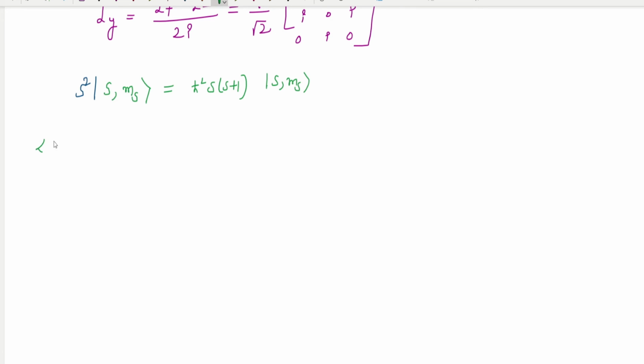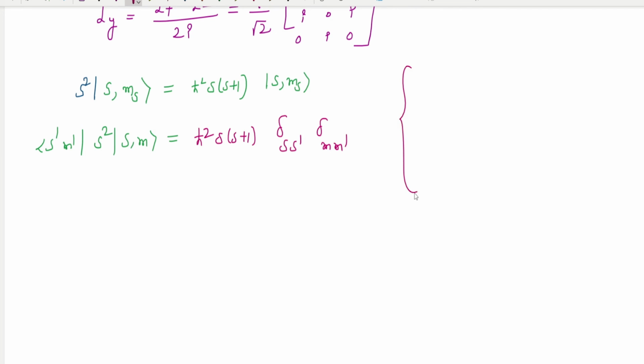Similarly, I'm going to write here S prime, m prime, S square, S, m equal to h cross square S into S plus 1, delta S prime S, delta m prime m.